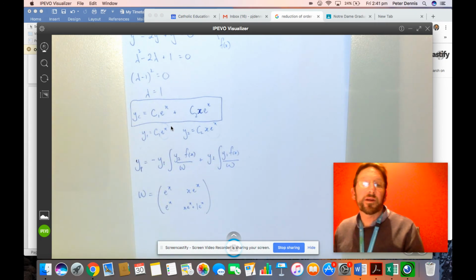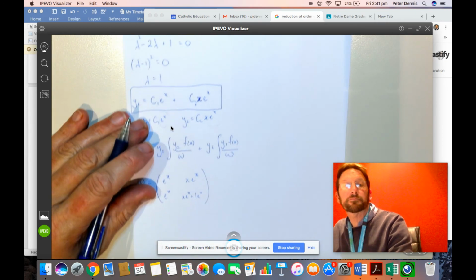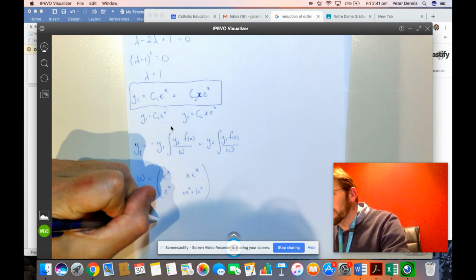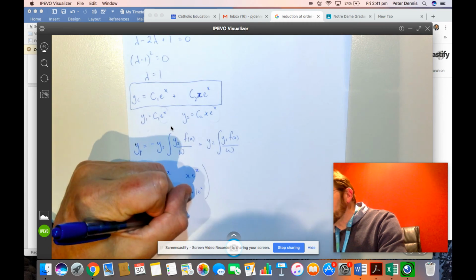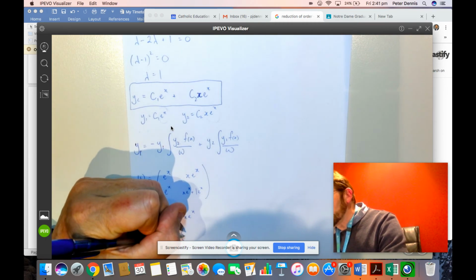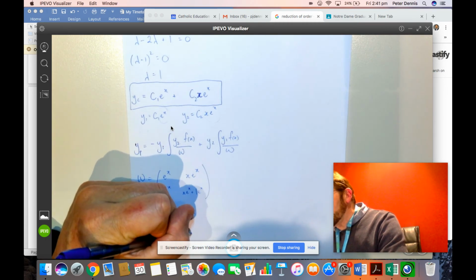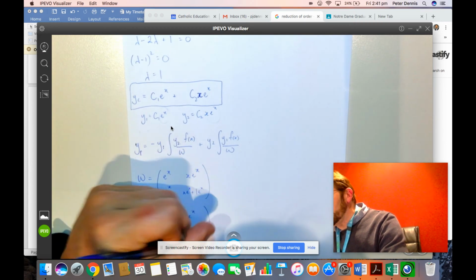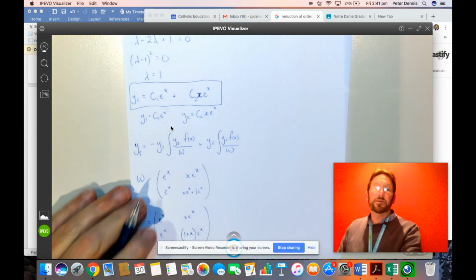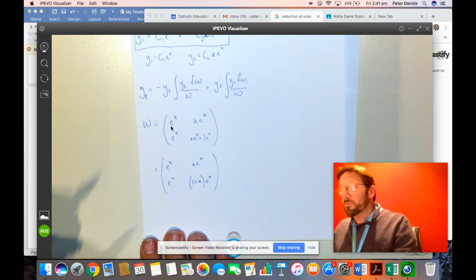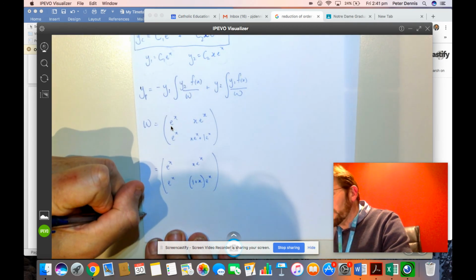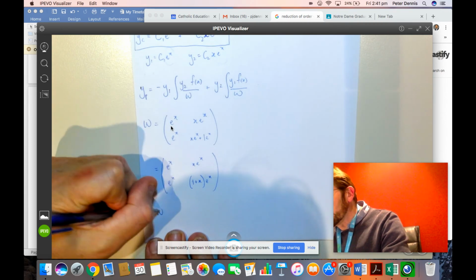Probably better to write that out a bit nicer, as e to the x, e to the x, x e to the x, and this becomes 1 plus x e to the x. That's a bit easier for the next thing that I'm going to do. Now, what we want for our Wronski is the determinant of this.